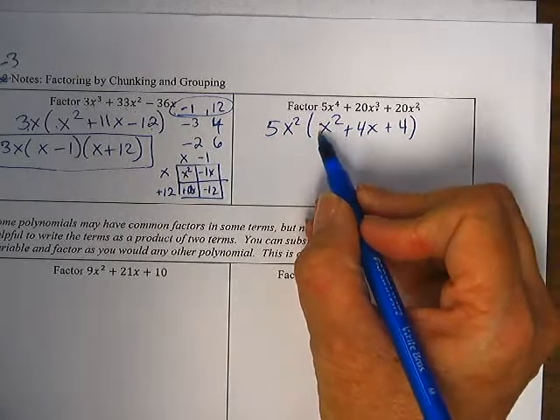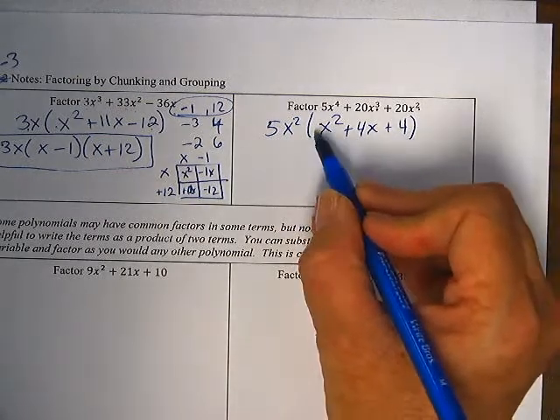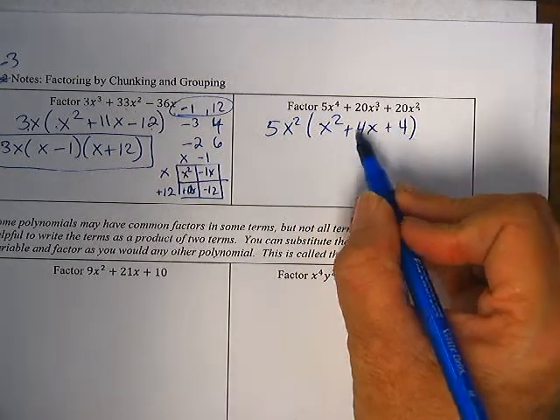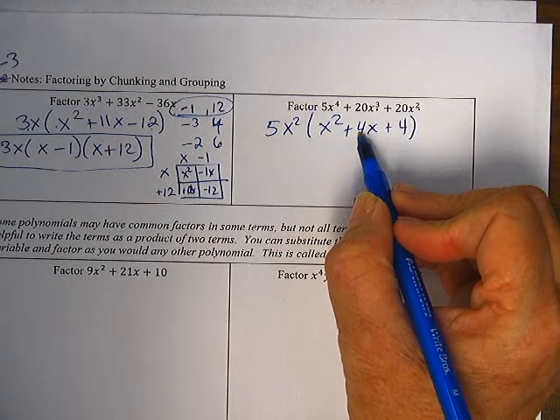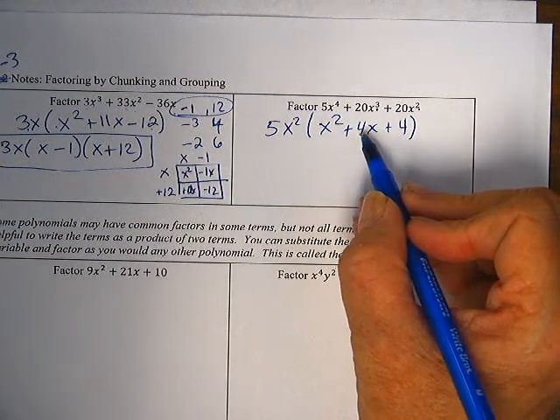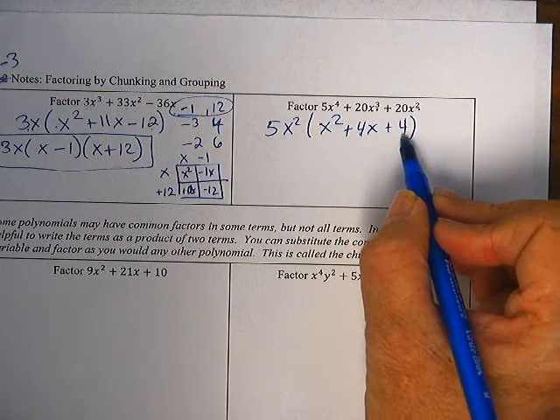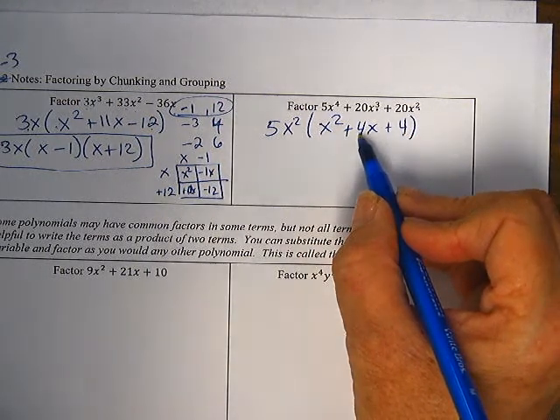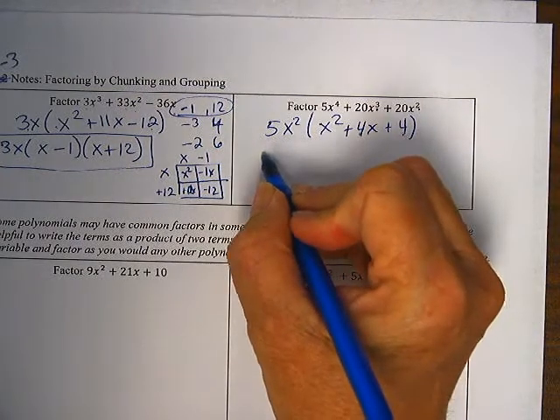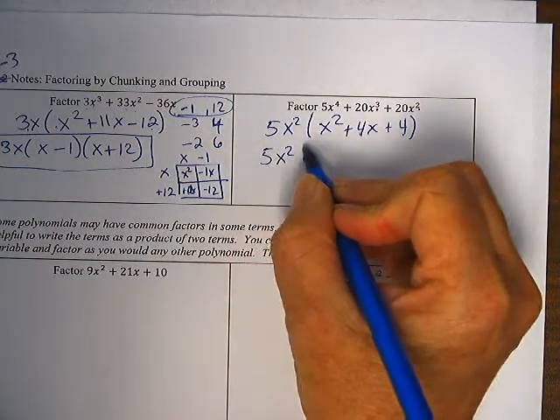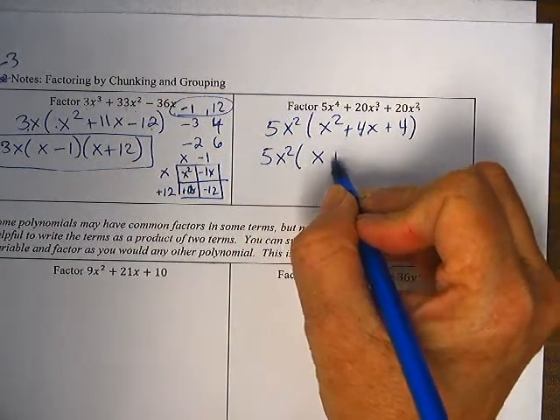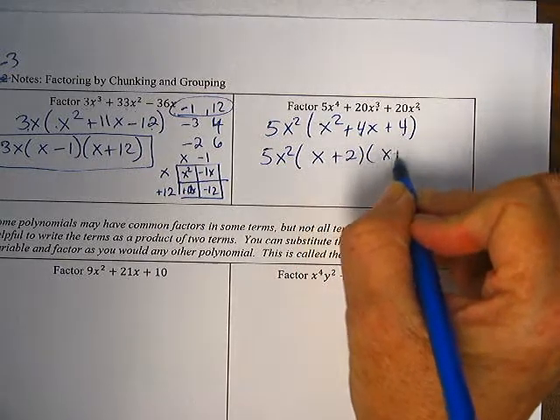In this case, we need things that multiply to give me 1 times 4 is 4, and add together to give me 4. Okay, so we know 2 and 2. They'll multiply to give us 4, but they also add to give us 4. So my factors here are 5x squared, x plus 2, and x plus 2.